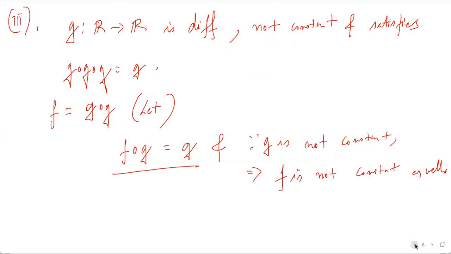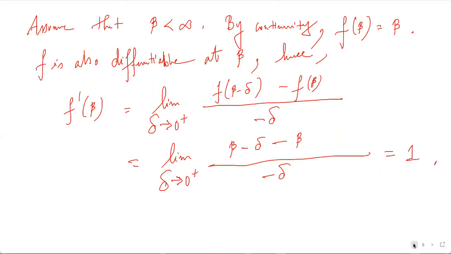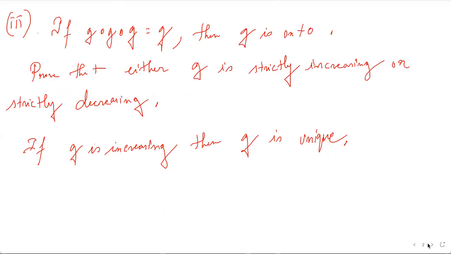Now you see that since I have to show that my function is strictly increasing or strictly decreasing, all I have to prove is that g cannot be something like somewhere increasing and somewhere decreasing. Then we can come to such a conclusion. So let's see.